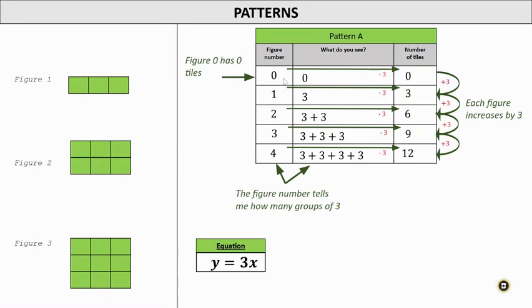Basically, every time: 0 times 3 equals 0, 1 times 3 equals 3, 2 times 3 equals 6, then 3 times 3, 4 times 3. So the equation is basically multiply by 3.